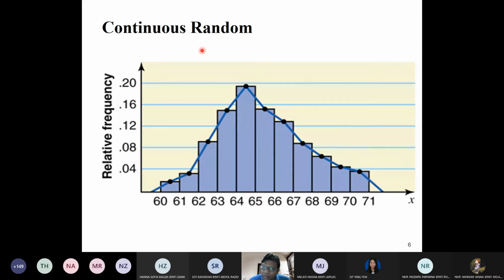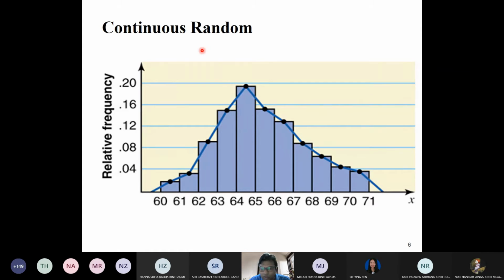So a continuous random variable we can usually illustrate in the form of histograms with polygons. All right. So always remember, some students are asking how to draw that polygon and histogram. I already answered them every time.